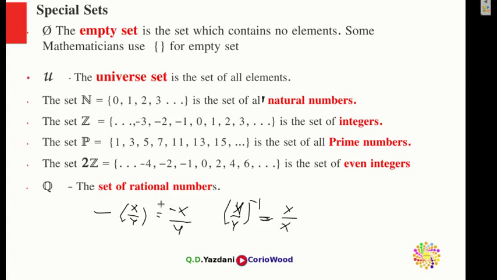So the first one is the additive inverse, and the second one is for the non-zero rational number x over y, and that's the multiplicative inverse. Here the result is that you can put y over x, and here you can put a negative over y.